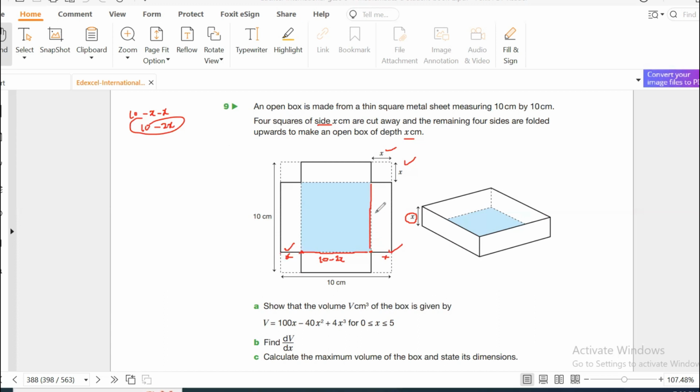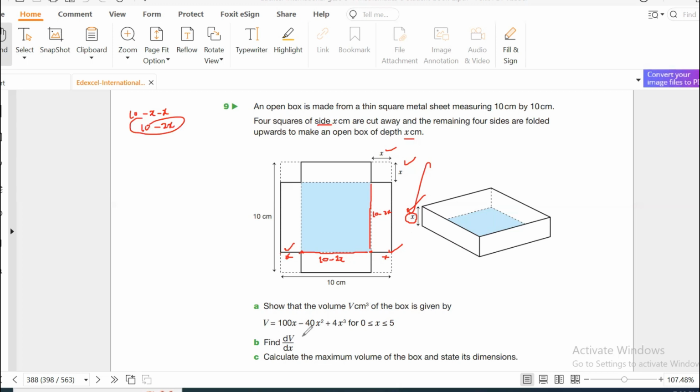So this is also 10 minus 2x, and the height is given. Whenever you find the volume of a cuboid, we need length, width, and height, three things. So the base length and width are 10 minus 2x, 10 minus 2x, and the depth or height is x.